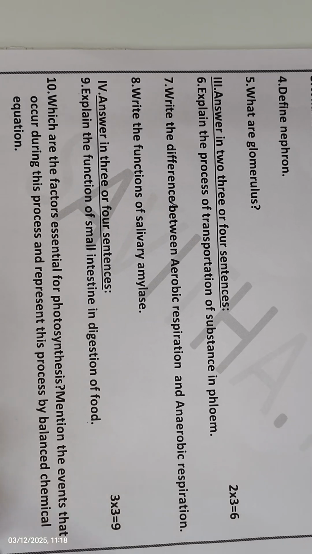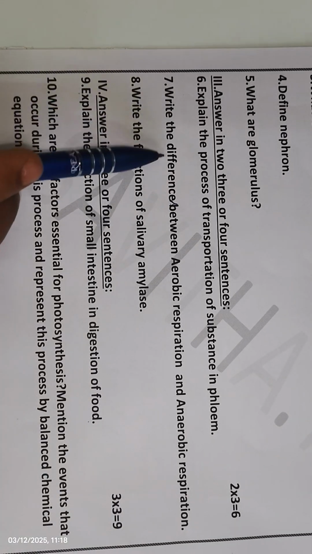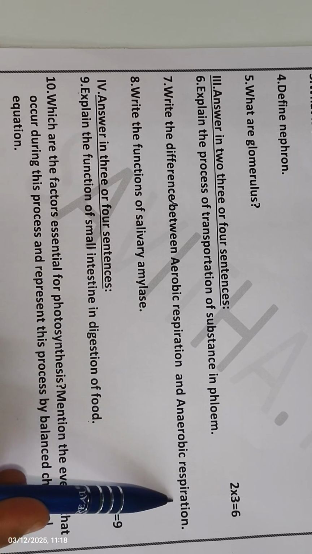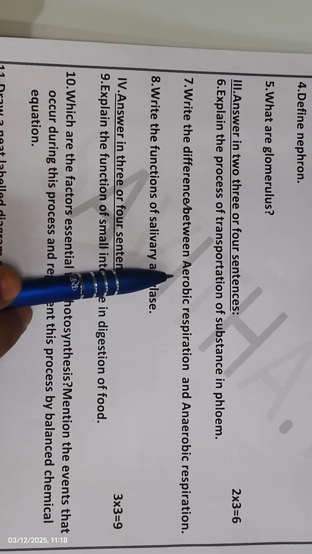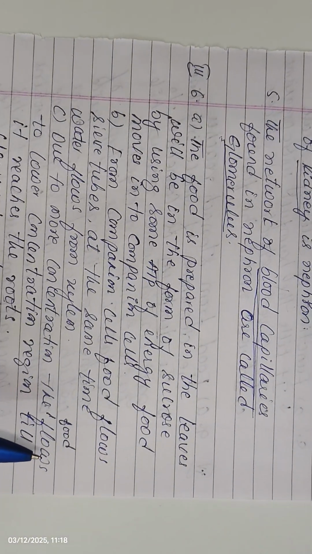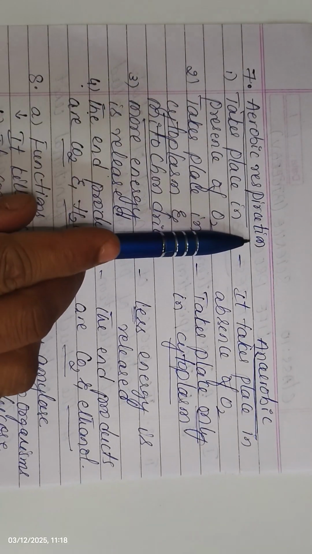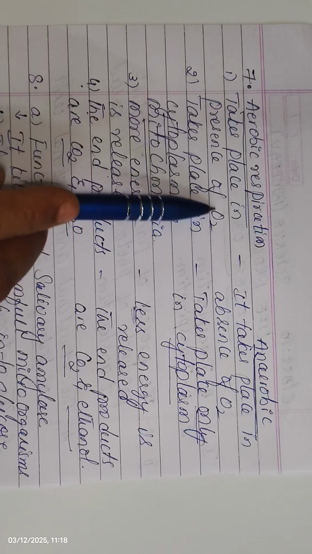Question number 7. Write the differences between aerobic respiration and anaerobic respiration. So we'll see the answer. Aerobic respiration takes place in presence of oxygen.